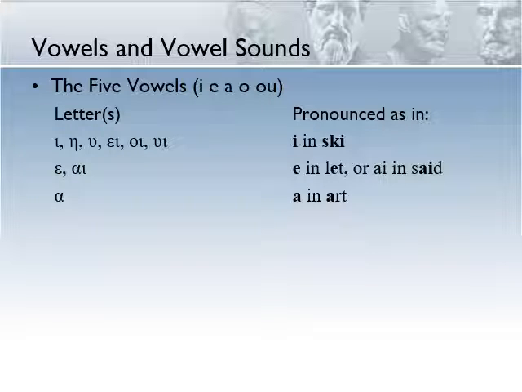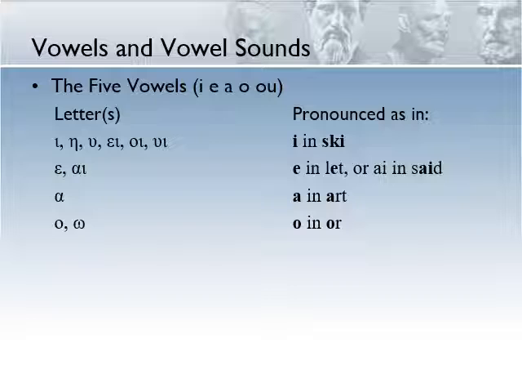Now, when we think of the pure A sound, it's a short A, like the A in the word art. This is the sound of alpha when it's by itself. The O sound is represented by the 2 letters omicron and omega. Omicron and omega are both pronounced exactly the same, like the O in the word or.